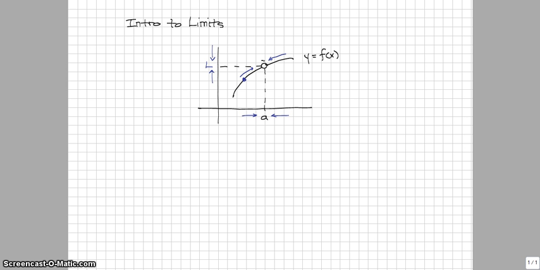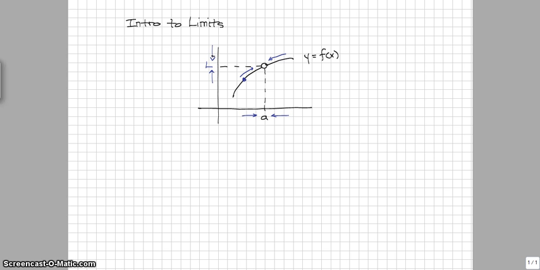In other words, as indicated now by this new graph, f of a can be undefined, and that doesn't change the fact that when we approach a from the left and from the right, we're moving points up closer to this now open circle on the graph, and at the same time we're approaching this same value L from the bottom and the top.